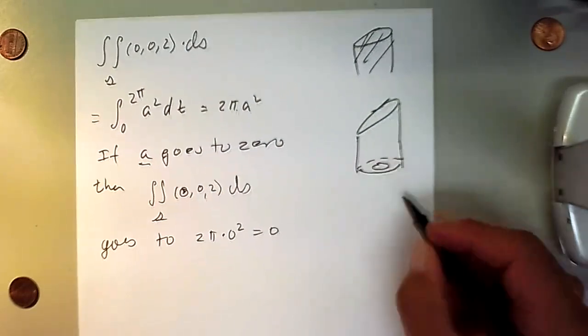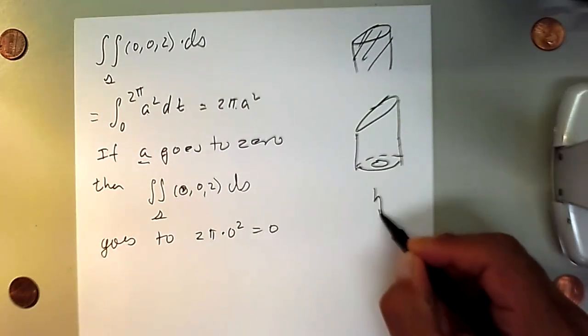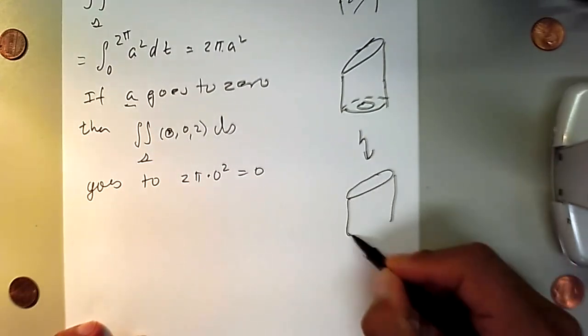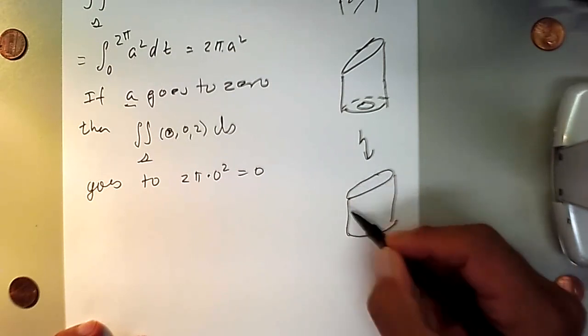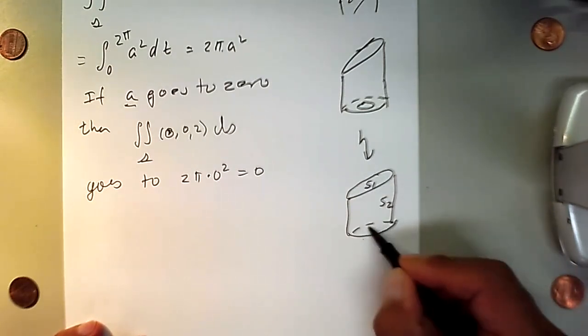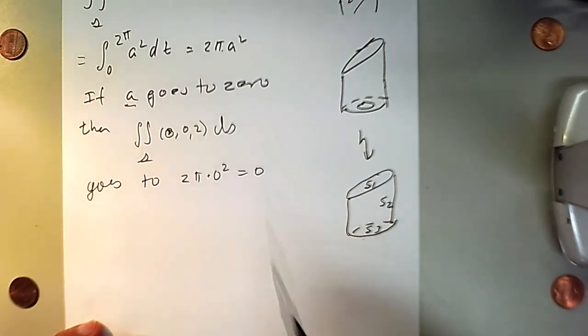So if we take the limit as a goes to 0, the surface integral of the whole thing, mind, S1, S2, and the bottom, S3, is going to end up being 0.